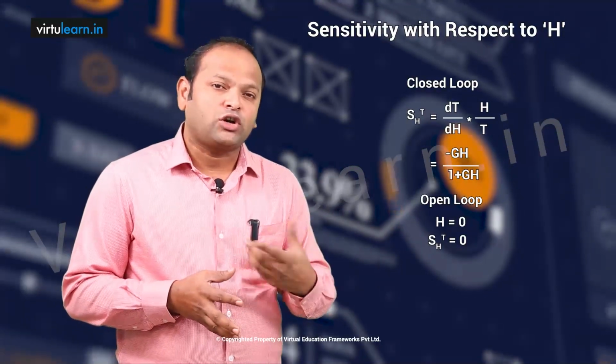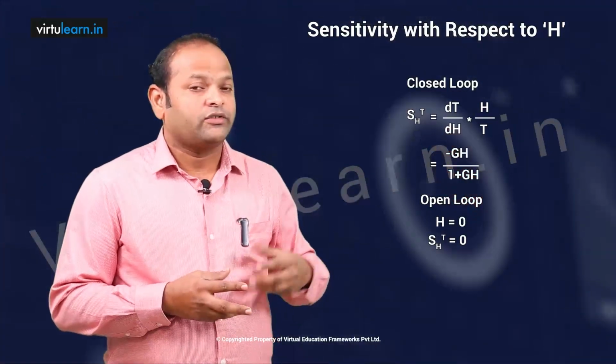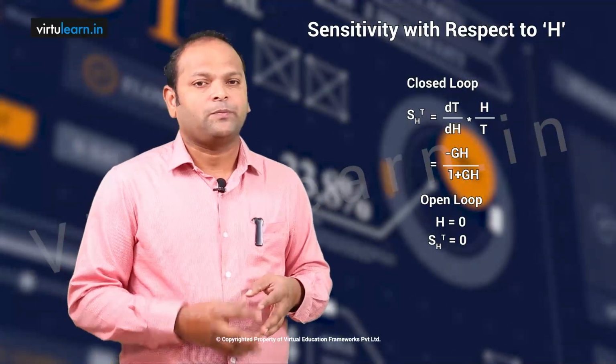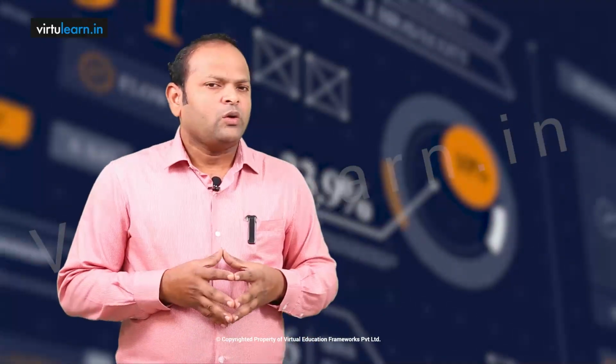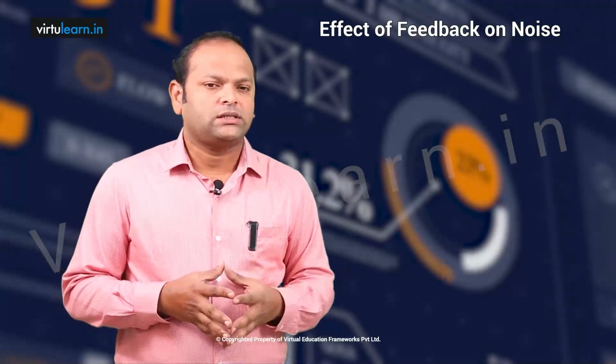If the sensor is not robust, if it is very sensitive to parameter variation, that creates a lot of problems in the system. Then, what is the effect of feedback on disturbance or noise in the system?